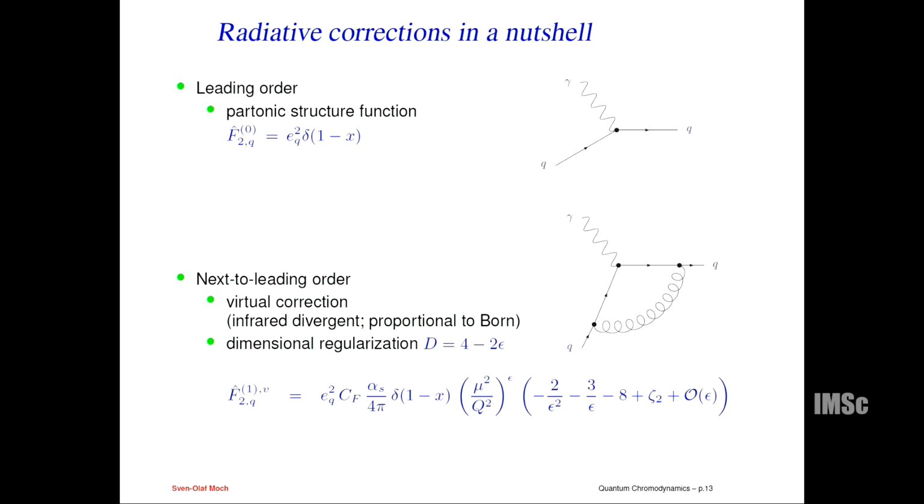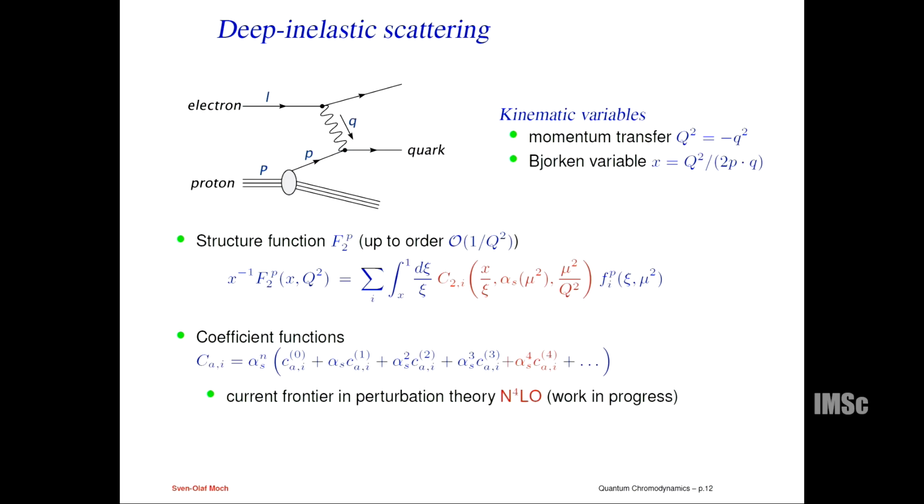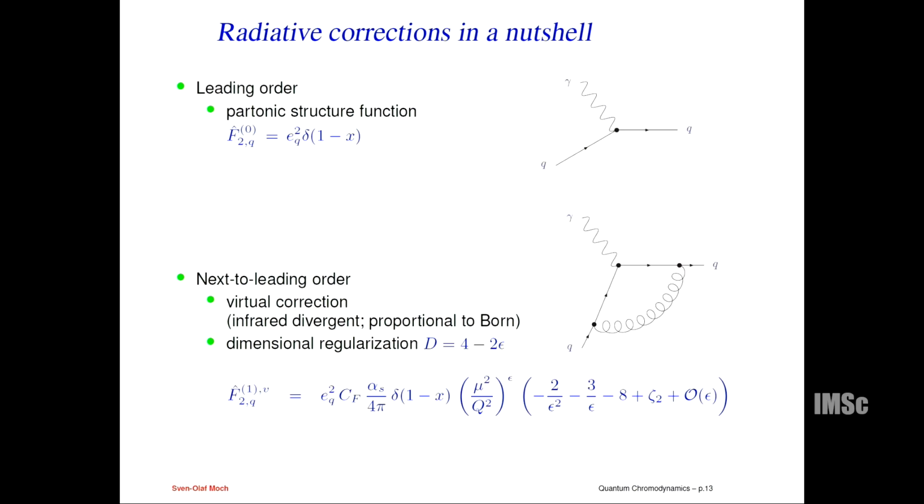Right, and the leading order coefficient function here is really very simple, because in order to compute this, you just need to look at the scattering of a virtual photon off a quark. So this is a 2-to-1 process, and a 2-to-1 process is kinematically constrained.